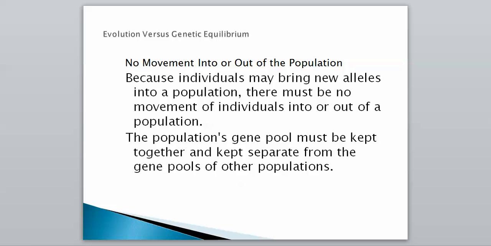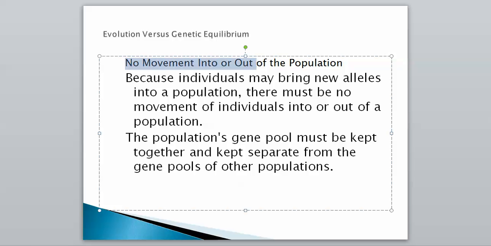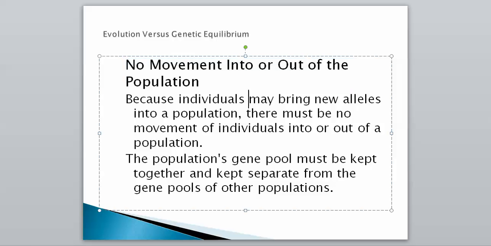And also, in order for genetic equilibrium to occur, we can have no movement into or out of a population. This is necessary because individuals may bring new alleles into a population, and there must be no movement of individuals into or out of a population. If a new beetle moves in that could be green, that could bring some green alleles into a population.